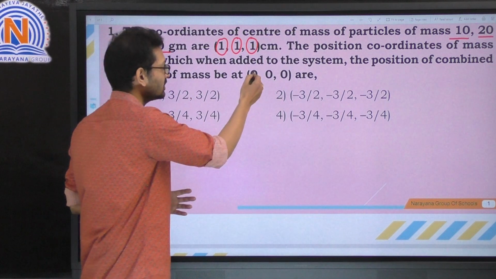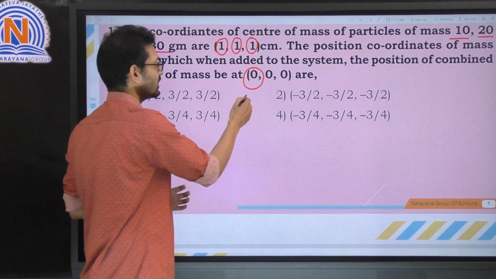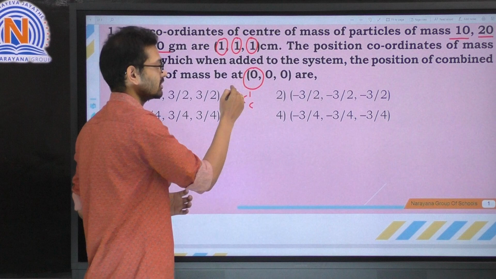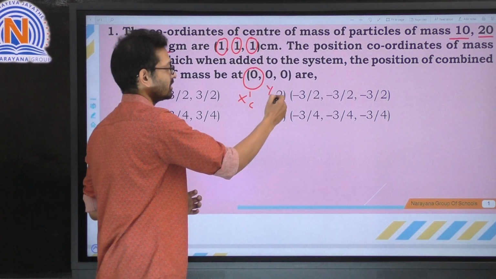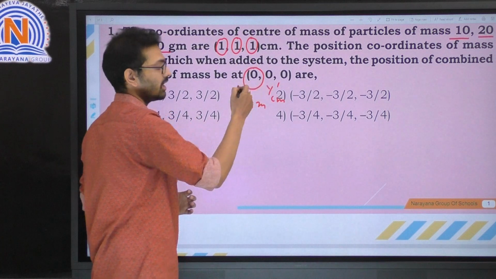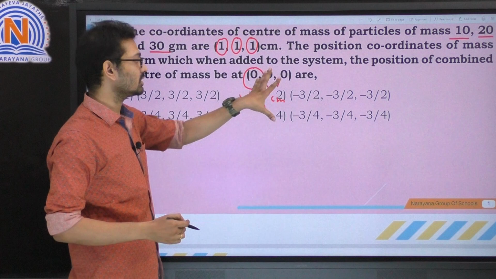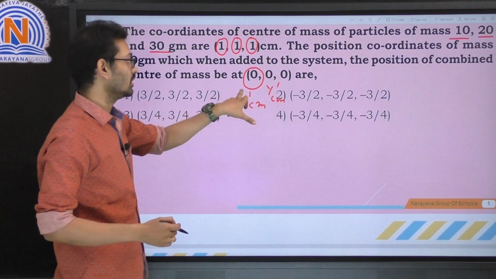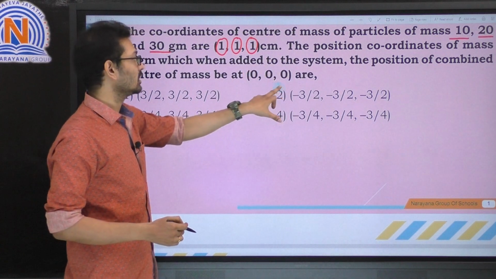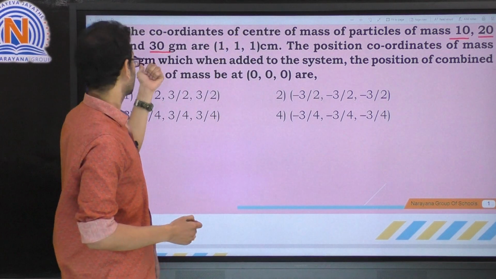Center of mass has changed to 0, that is x center of mass, we will take it as x dash center of mass is 0, y dash center of mass is 0. Initially it was 1, and after adding 40 grams it changed to 0, and y also changed to 0, z also changed to 0.